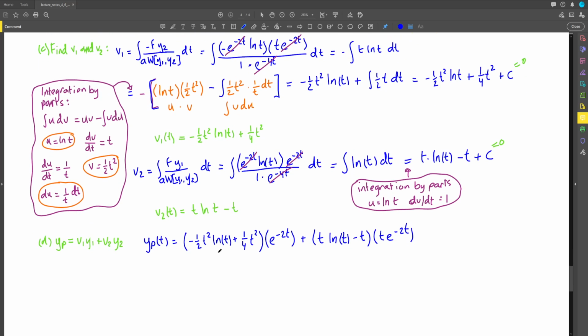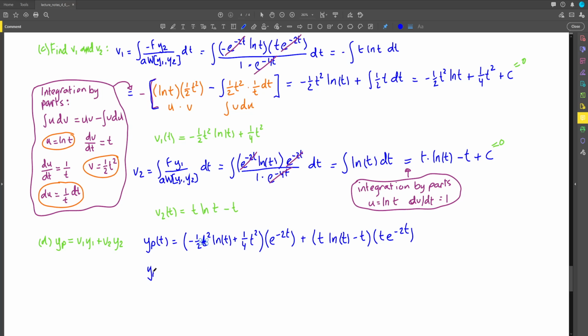Now, it turns out that you can simplify this quite a bit, because we have a t squared ln t here, and if you distribute this t, you get a t squared as well.